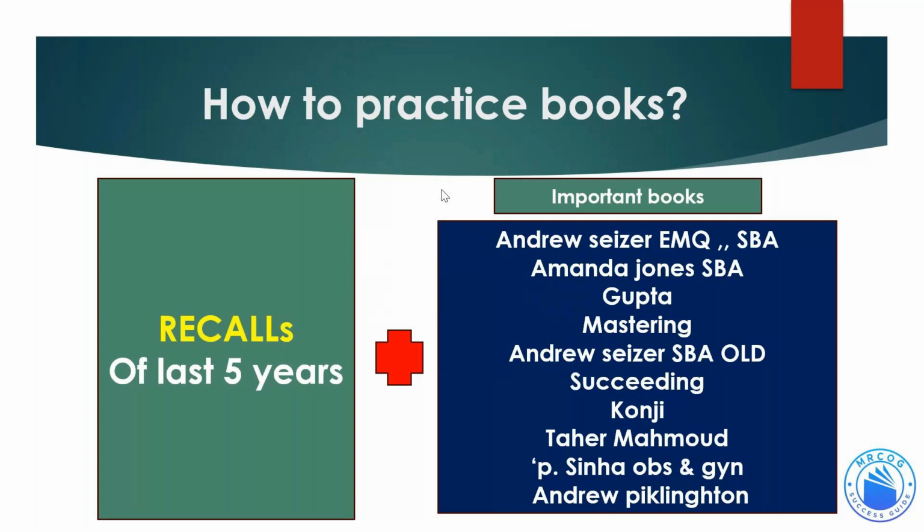After that, the important books for single best answers and EMQs. These are examples of the most important books to cover: Andrew Caesar, Amanda Jones, Gupta, Mastering, Andrew Caesar, the old one of single best answer, Succeeding book, Konji, which is a little bit more difficult than the previous one, and Tahir Mahmoud's book, and P. Sinha, and Andrew Pickelington.